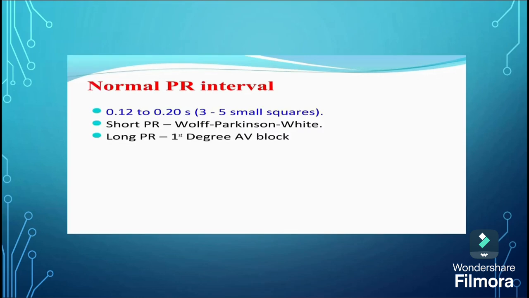Normal PR interval is 3 to 5 small squares, that is 0.12 to 0.20 second. As we have already seen, one small square is equal to 0.04. So 3 to 5 small squares means 0.12 to 0.20 seconds. Short PR interval you will see in WPW syndrome, that is Wolff-Parkinson-White syndrome.